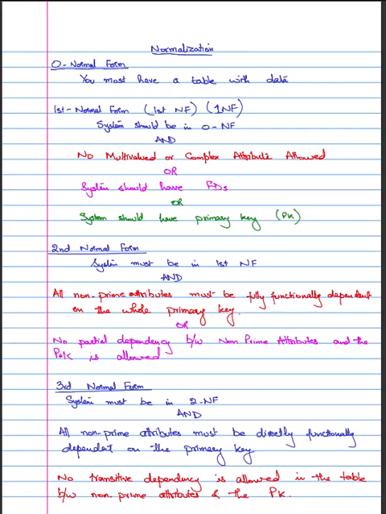First normal form. In first normal form, the system must first be in zero normal form. This means the table must have data. Remember that without data, we cannot identify the dependencies between the attributes.